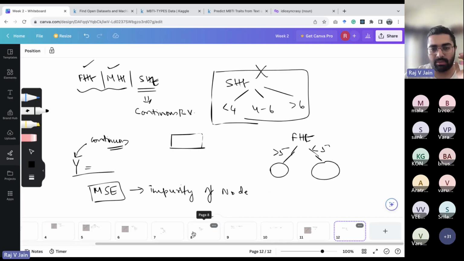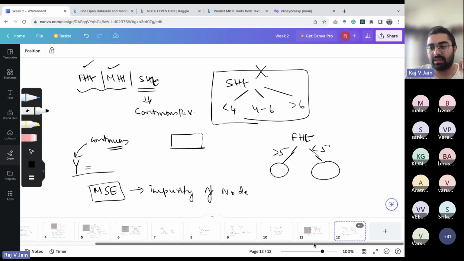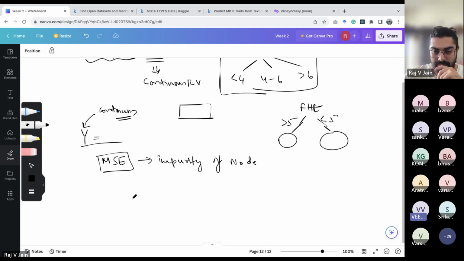How many of you remember what we did in linear regression for MSE? It was the training point, and we were finding how near a point is to the line. So true minus predicted. Simple, right? True minus predicted.